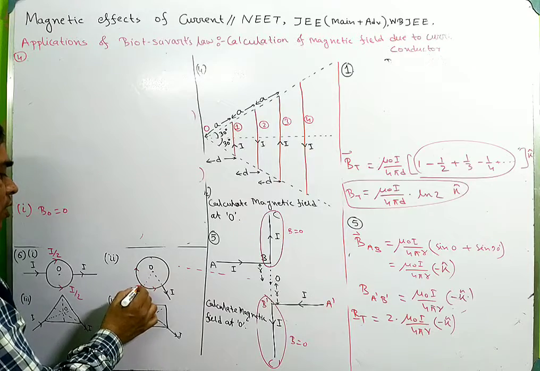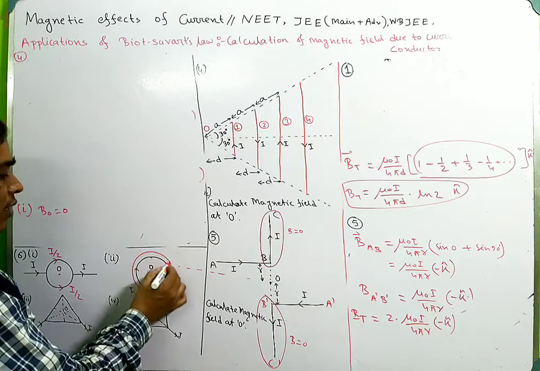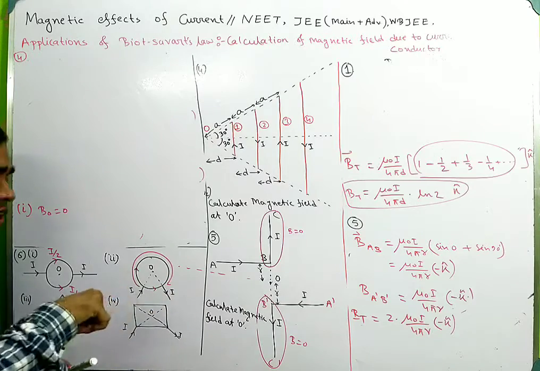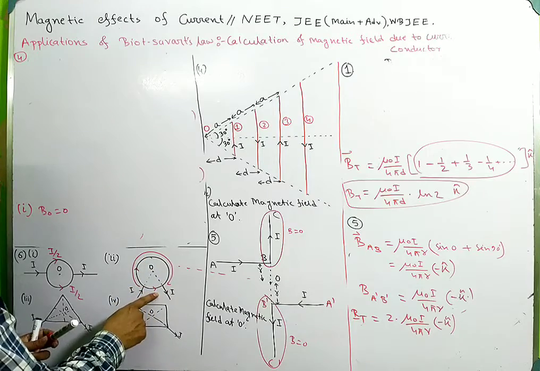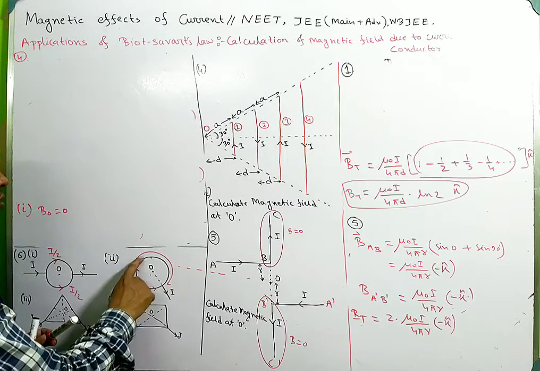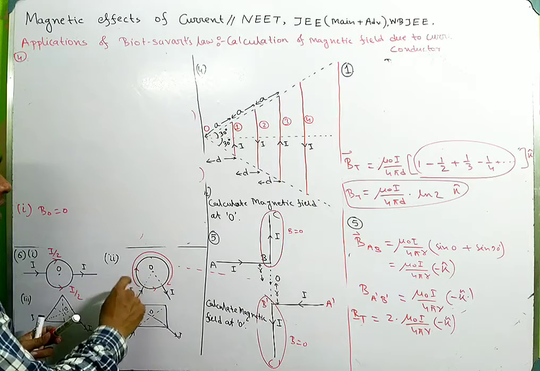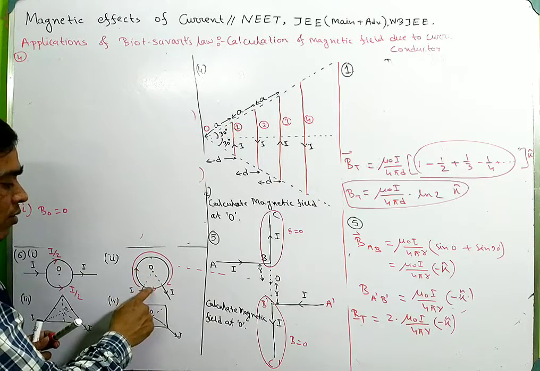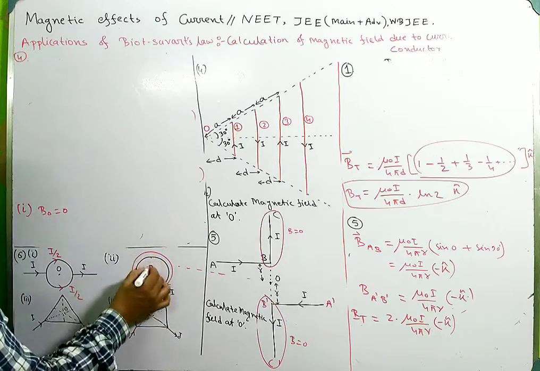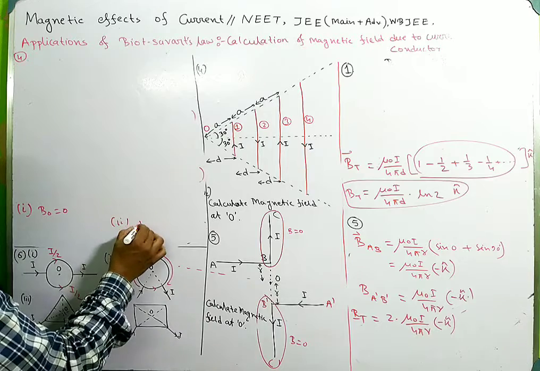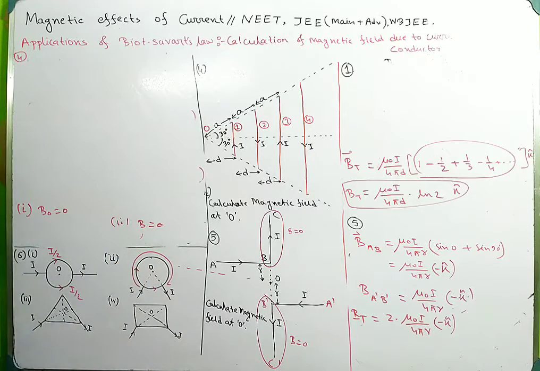But the direction of the magnetic field for this region is inward and for this region is upward, and the magnitude remains the same, because the current through this wire is less and through this portion is high. So for region number 2, the magnetic field equals 0. Similarly, in all the cases, the magnetic field at O will be 0.